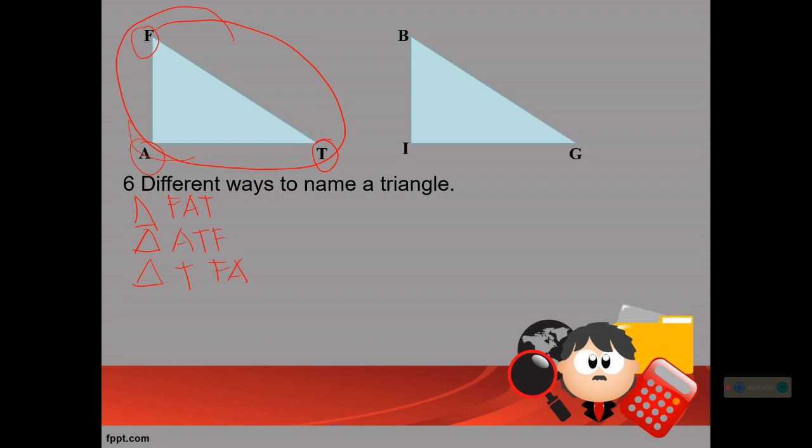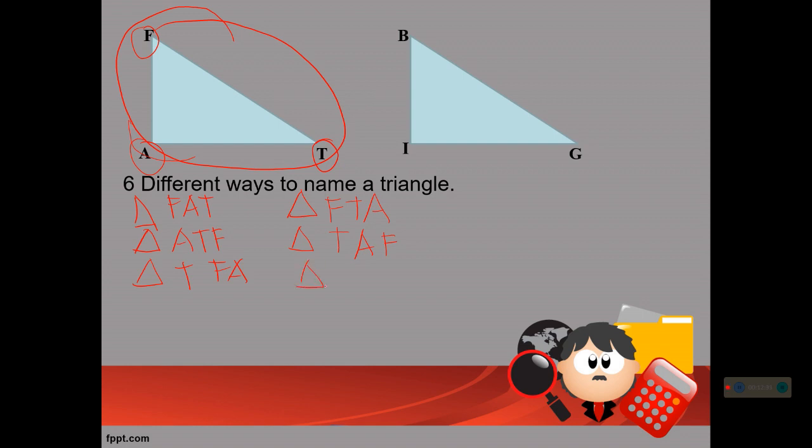Okay? And if you are going to start with this, you may name this as triangle TFA. Okay? Or if you are going to perform the labeling of this triangle in counterclockwise direction or in another way, so you may also name this as triangle FTA, okay, or triangle TAF.